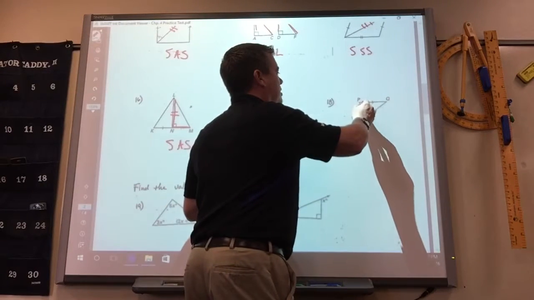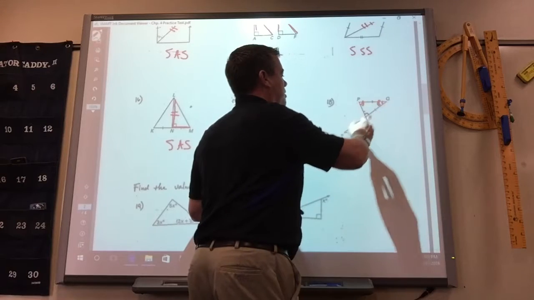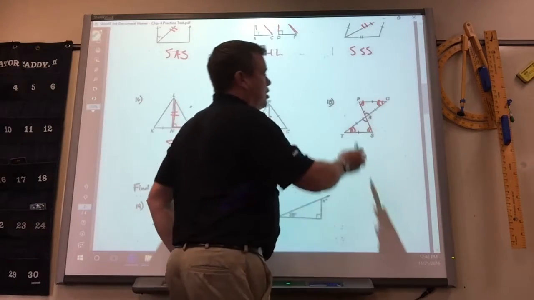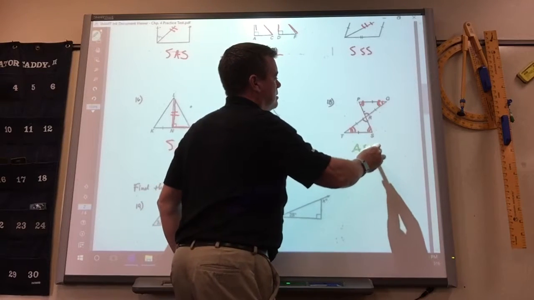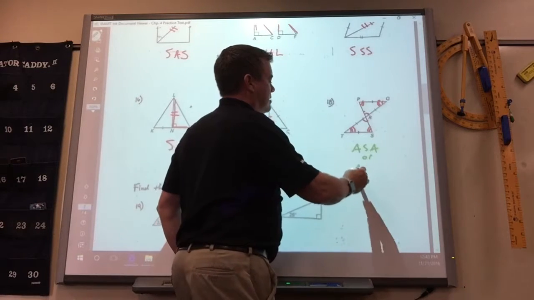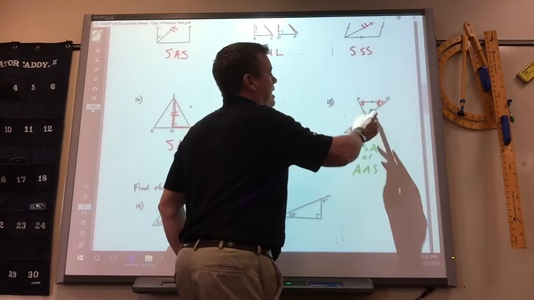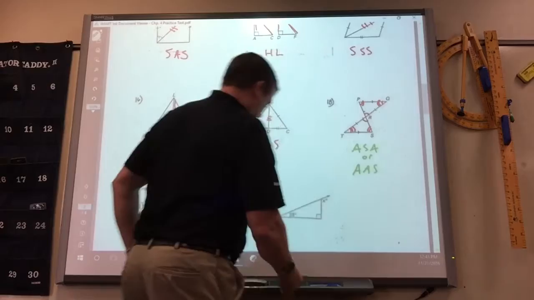So this one would equal that one, alternate interior, and this one would equal that one. So you could use angle, side, angle, angle, side, angle. What else would work? Angle, angle, side, angle, angle, side. Or remember, it could be side, angle, angle.